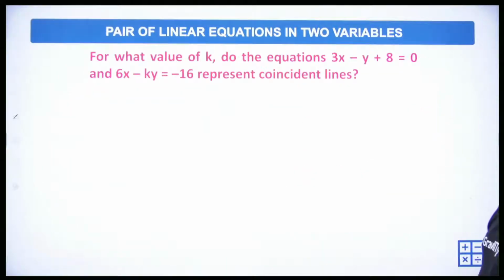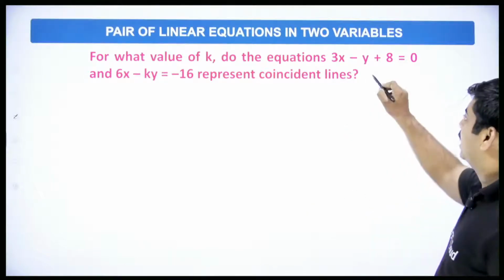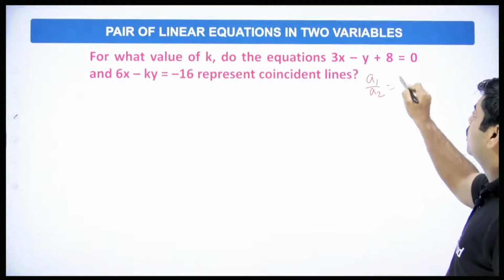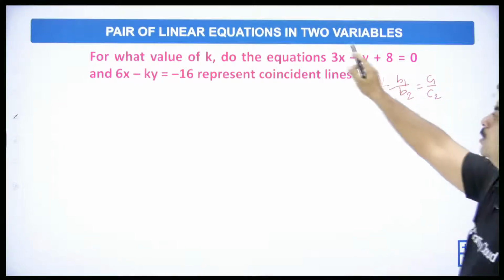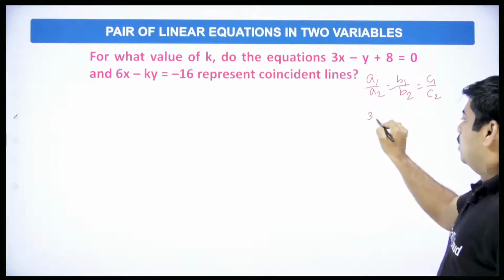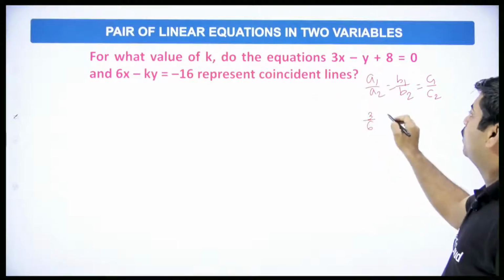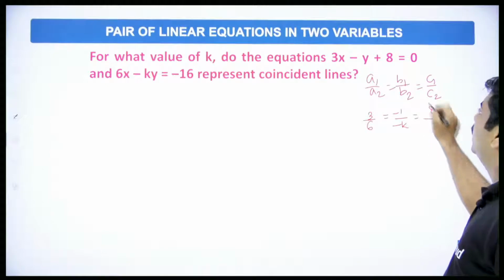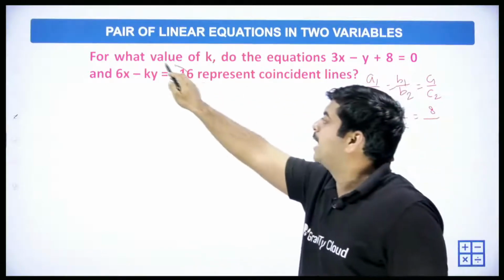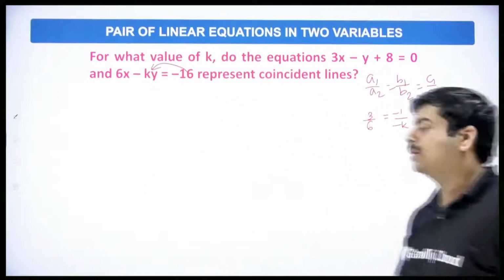For what value of k do the equations 3x - y + 8 = 0 and 6x - ky = -16 represent coincident lines? Coincident means a1 by a2 is equal to b1 by b2 is equal to c1 by c2. So 3 by 6 is equal to -1 by -k is equal to 8 by 16, since the -16 is transformed here and becomes plus 16.